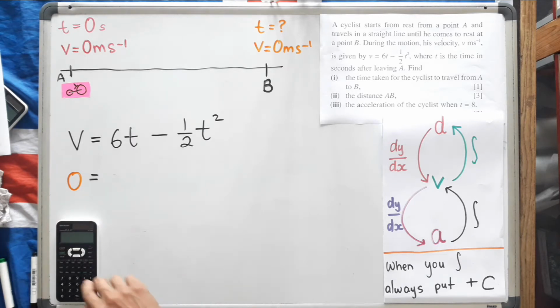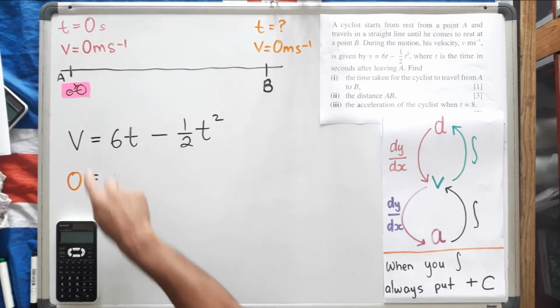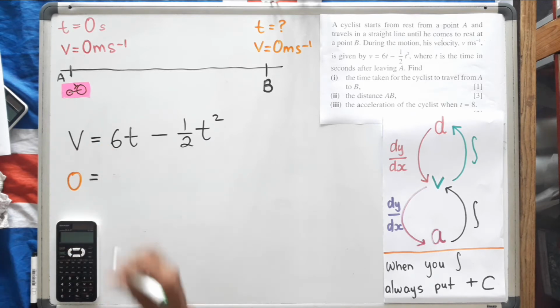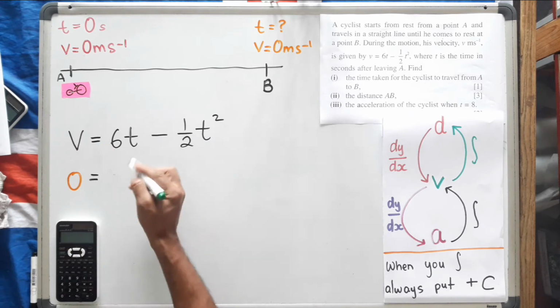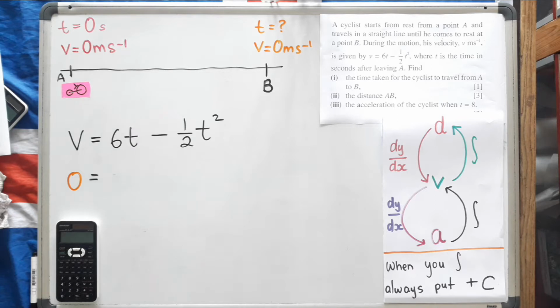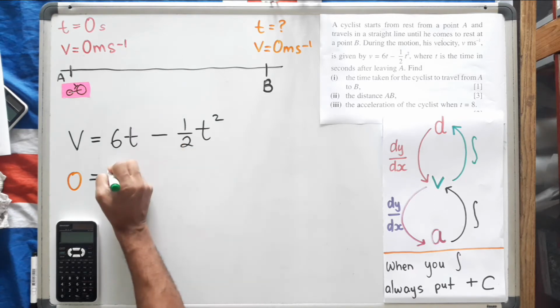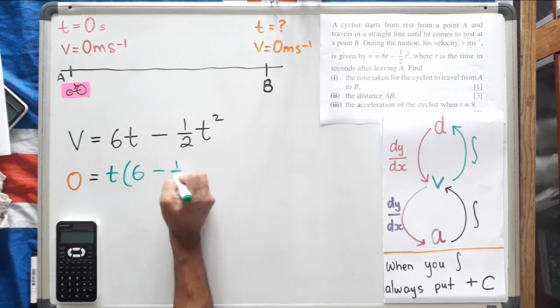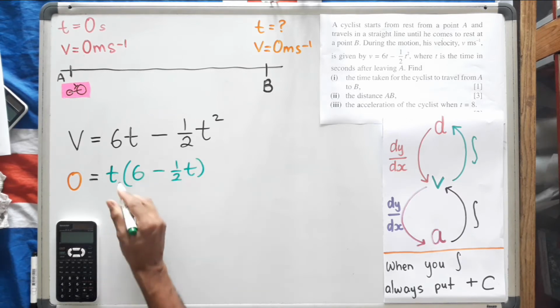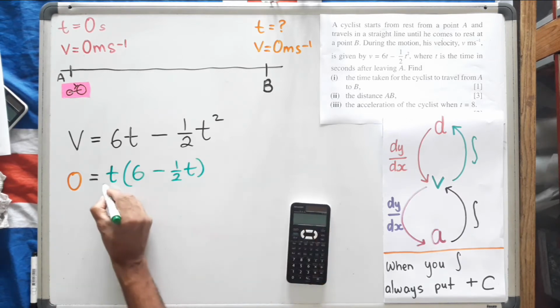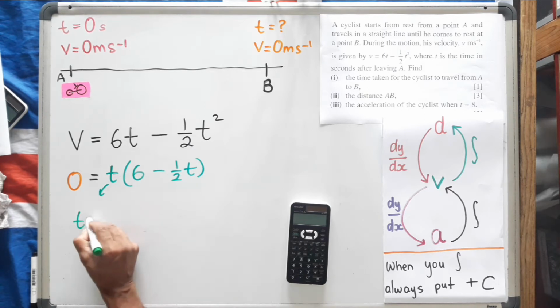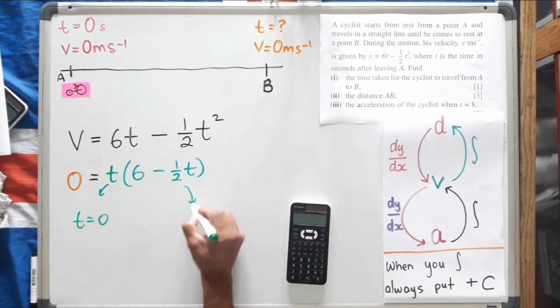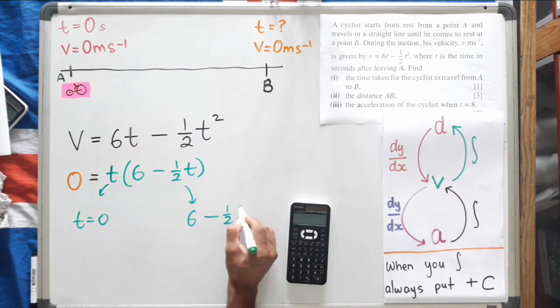I replaced the v with 0 already, and to solve this should be real simple. We just need to factorize out the t. So you'll get 6 minus a half t. And we just need to put each section equal to 0.